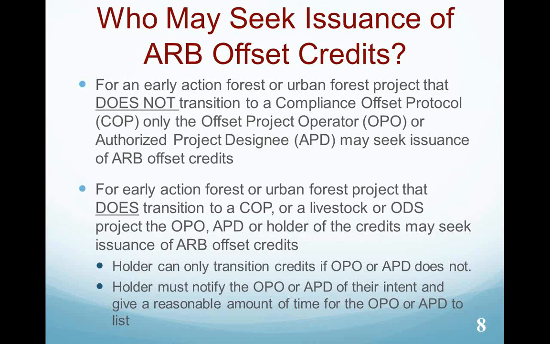The holder may only request transition of credits if the OPO or APD does not request transition, and the holder must notify the OPO or APD of their intent to transition and give the OPO or APD a reasonable amount of time for them to list.